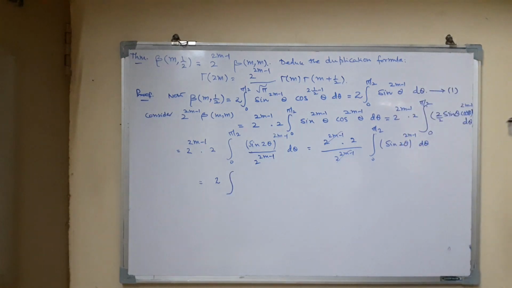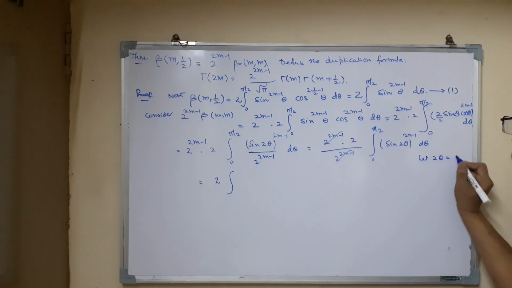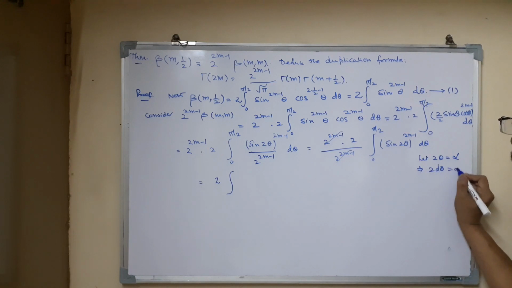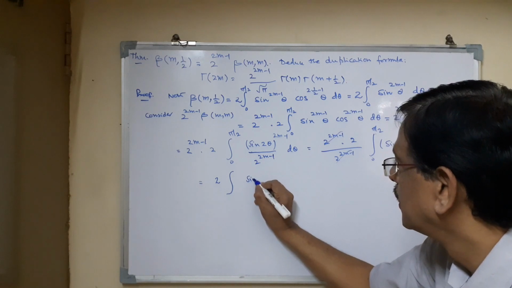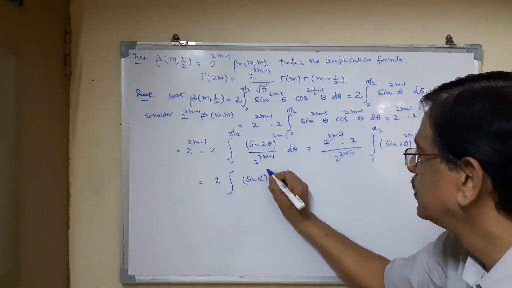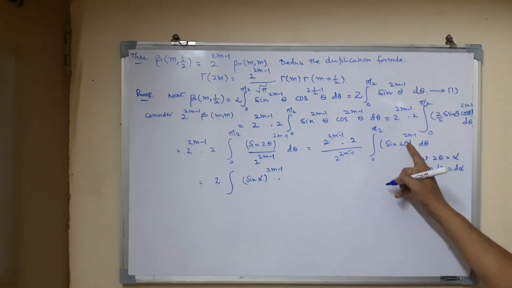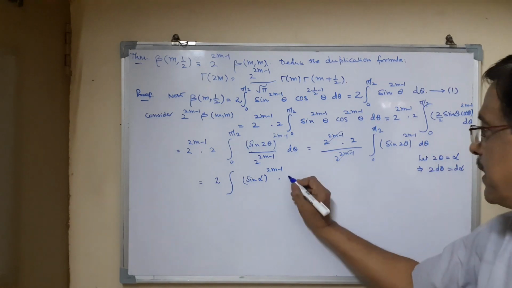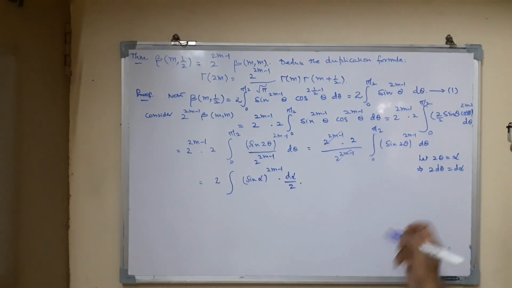integral. Now I want to simplify this, so let 2 theta is equal to alpha. This implies 2 d theta is d alpha. So sine alpha power 2m minus 1. What is d theta? d theta is d alpha by 2. Fine. Now what are the limits?